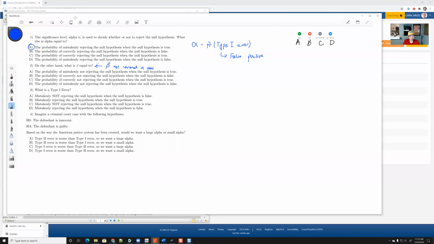We didn't cover this in class, but beta is equal to the probability of a type 2 error, which is the false negative. And that would be answer choice D. But I won't put that on the final.